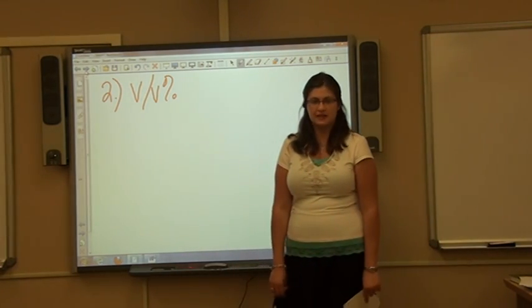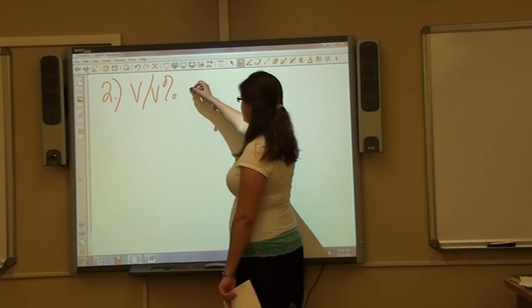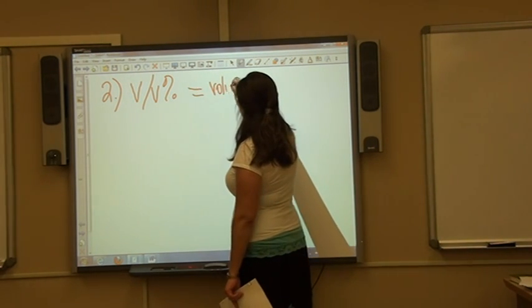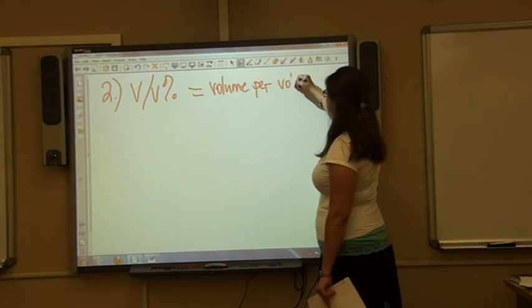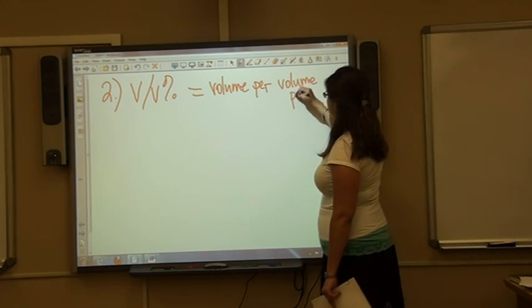V over V percent. In English, this means volume per volume percent.